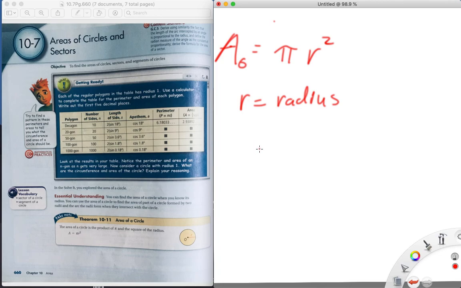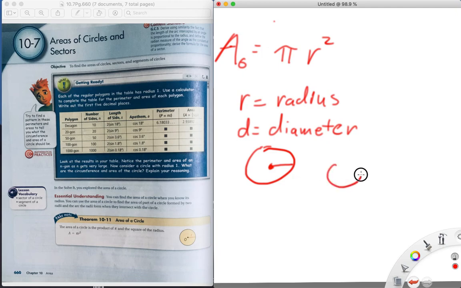And if you recall, your radius is the distance from the center of your circle out to the end of the circle. Also remember we have something called the diameter, and the diameter is the distance from one end of the circle to the other, and it cuts the circle completely in half.